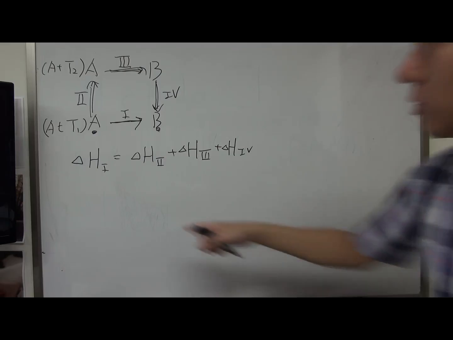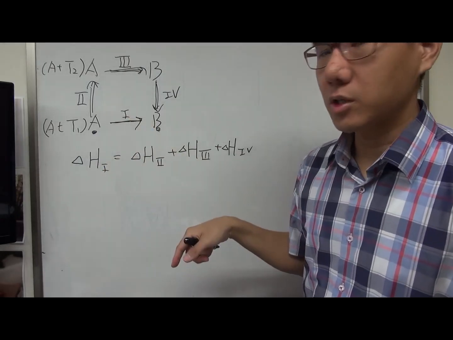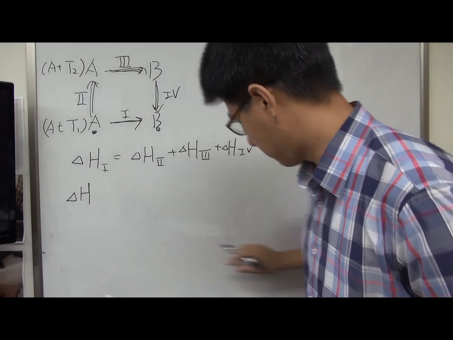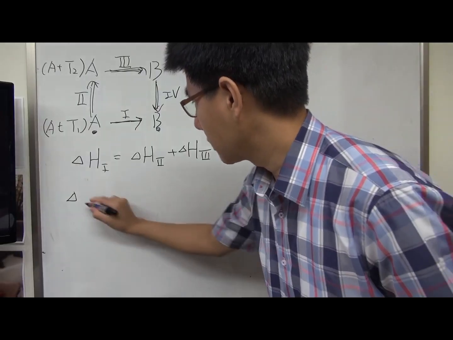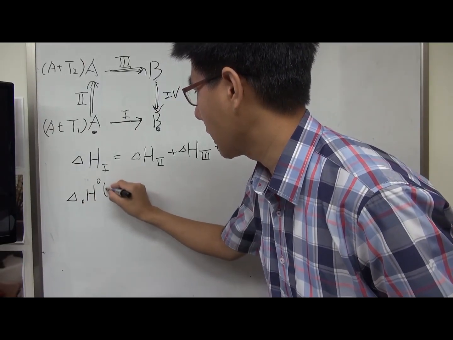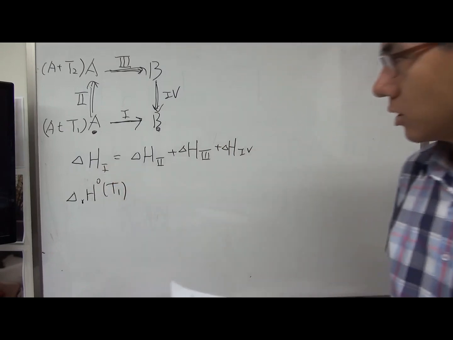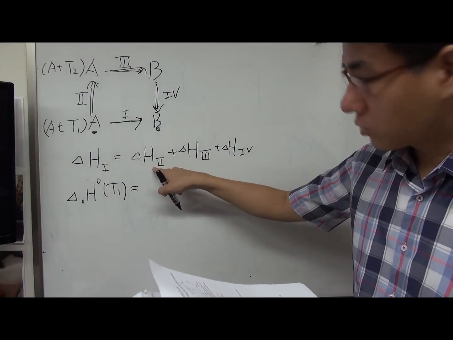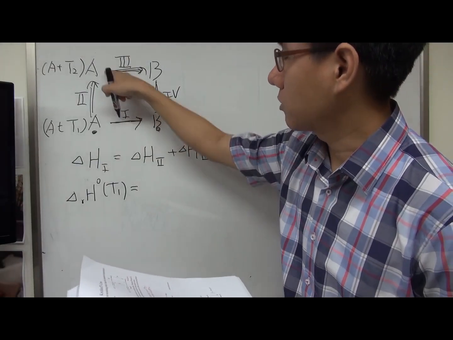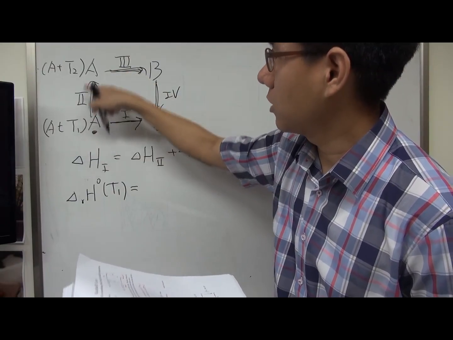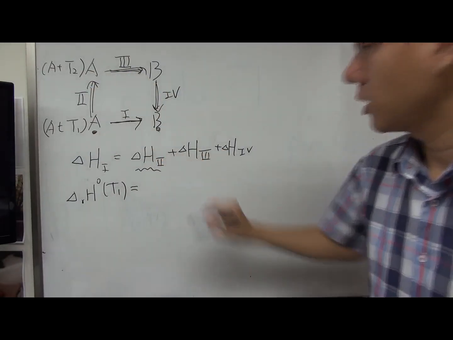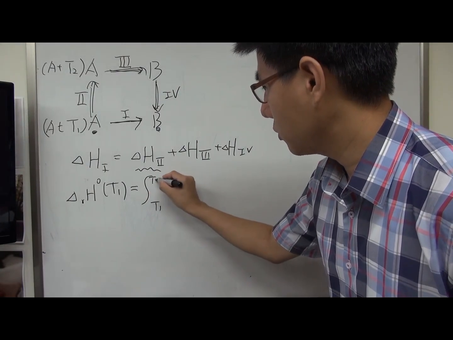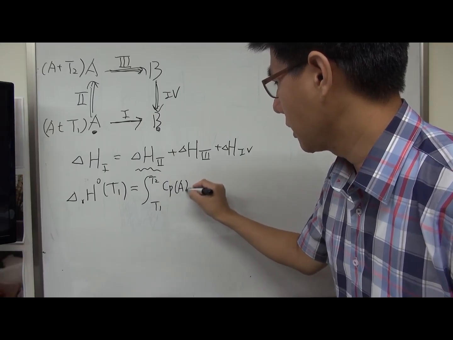Okay. So, the enthalpy change of this reaction number 1 can be represented as the standard reaction enthalpy at T1. This one is the same as this one, and delta H2, the change of component A from T1 to T2, can be described as the integral from T1 to T2 of Cp,A dT.